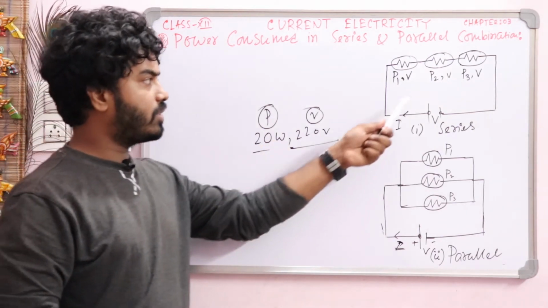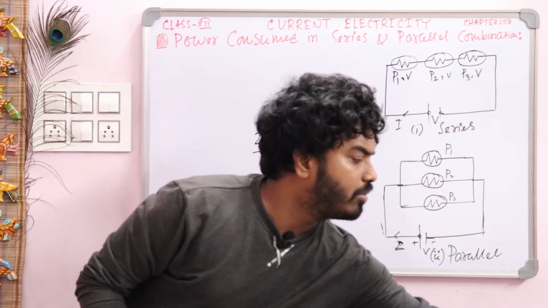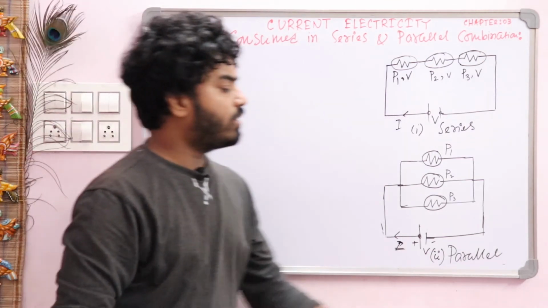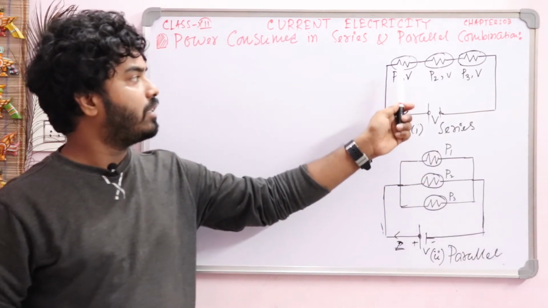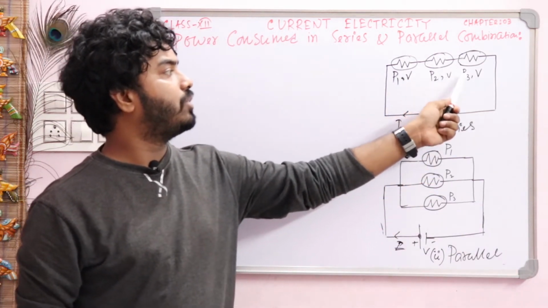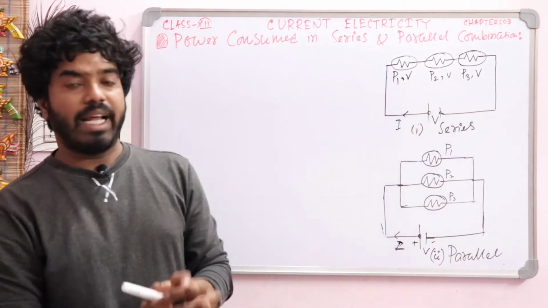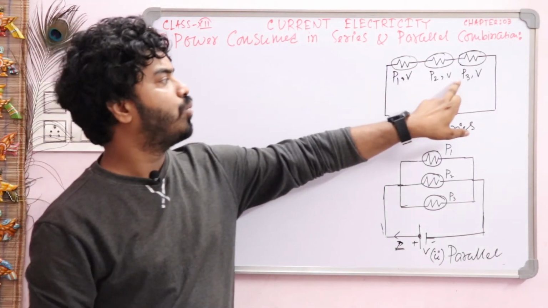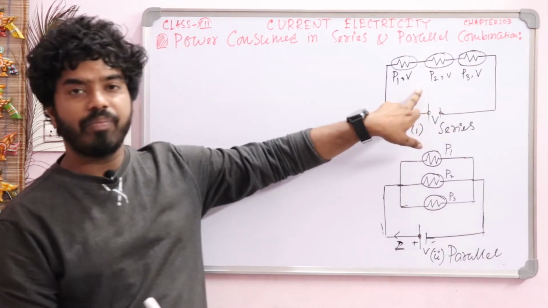Now here you just consider this figure. At first we find out the effective power for series combination. Here three bulbs of power P1, P2 and P3 are connected in series, and for all the bulbs the rating value given is V. Why is this value the same?